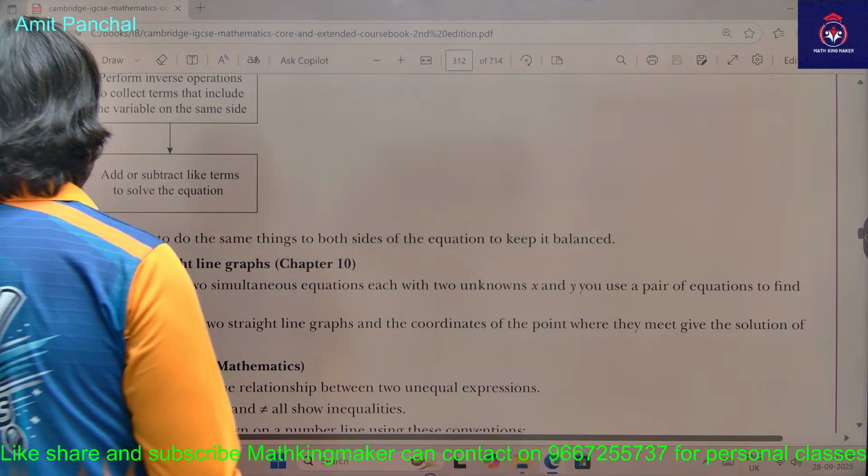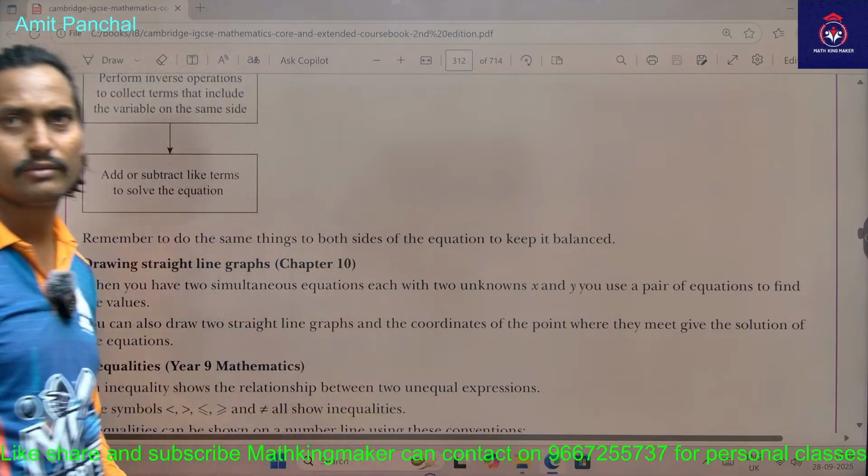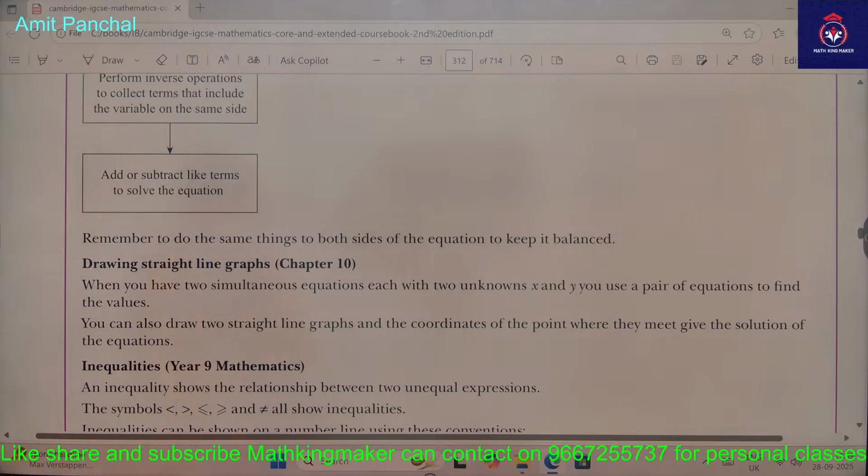Do you know how to draw it? Do you have graph paper with you? Yeah, I do. I'm taking notes on my iPad, so I'll just use that.